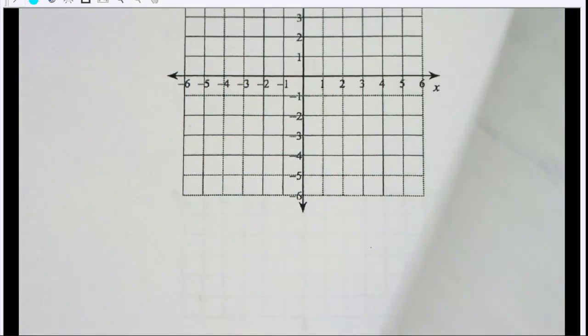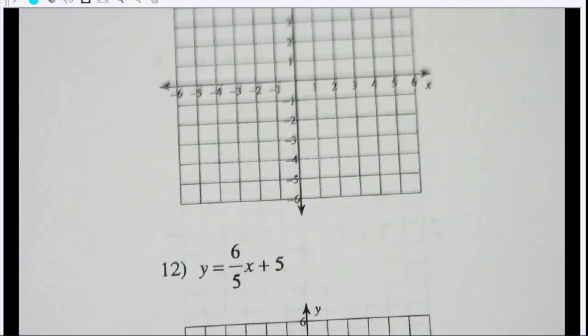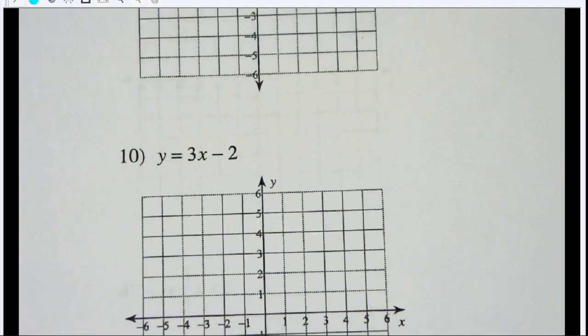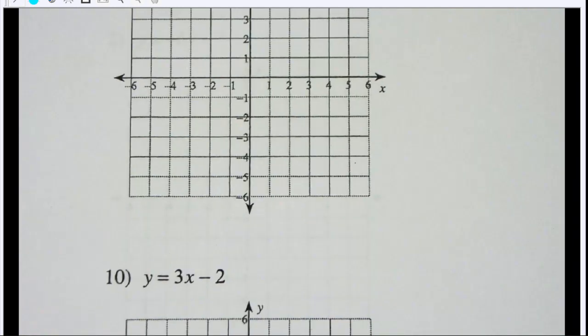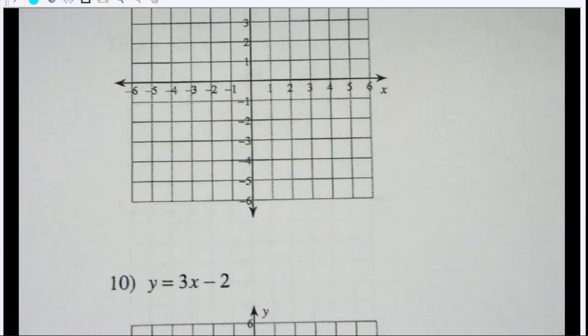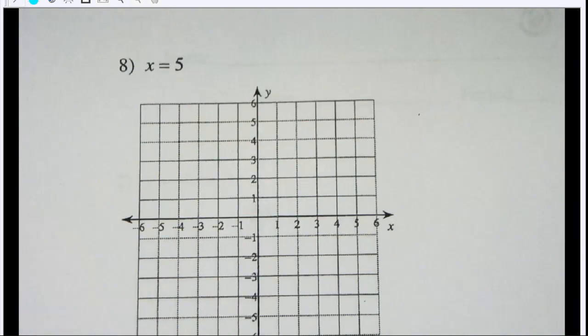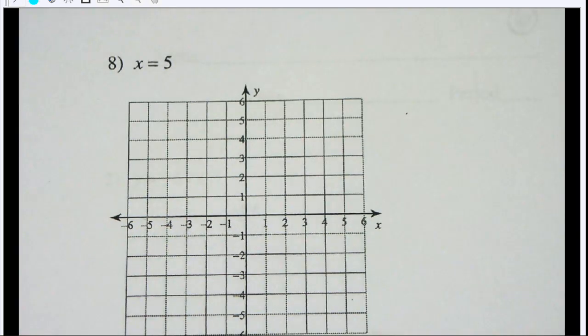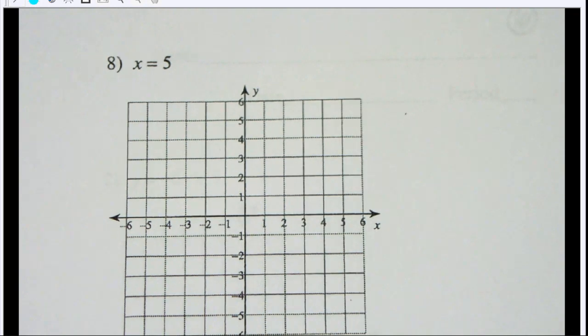Let's go over to number 8 on page 5. So number 8 on page 5 is x equals 5. We would go on the x-axis, but we don't go up or down because up or down is a y-axis idea. So we would go which directions?